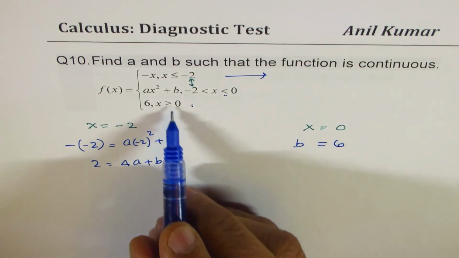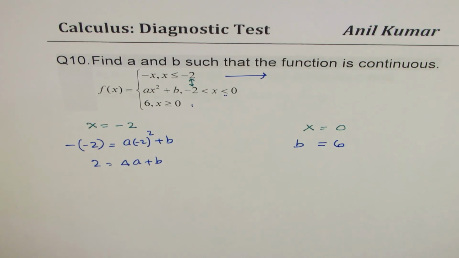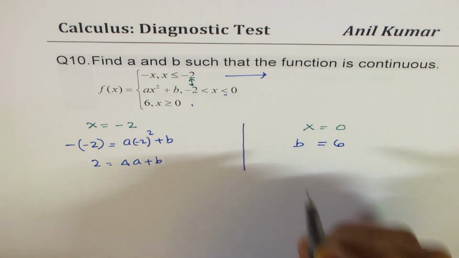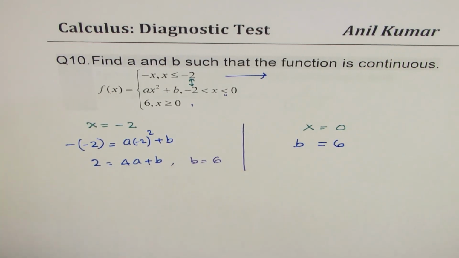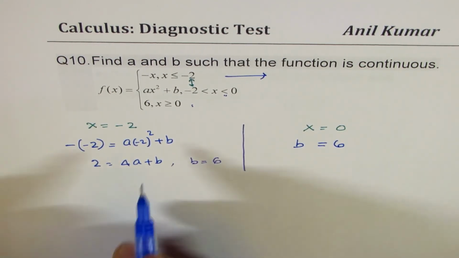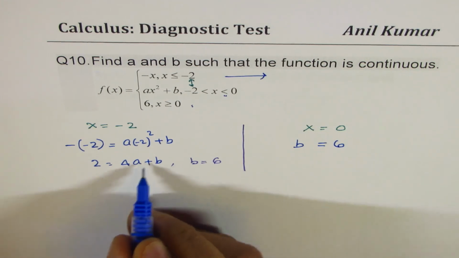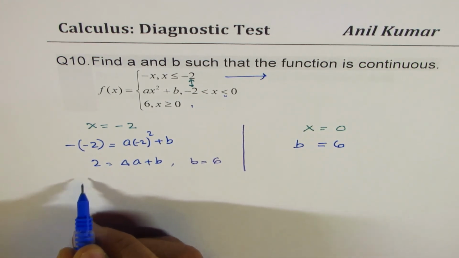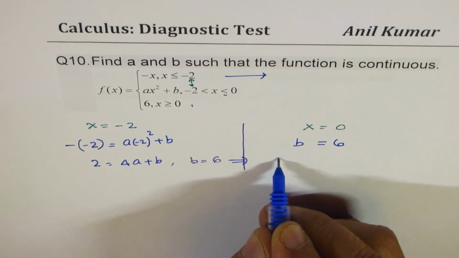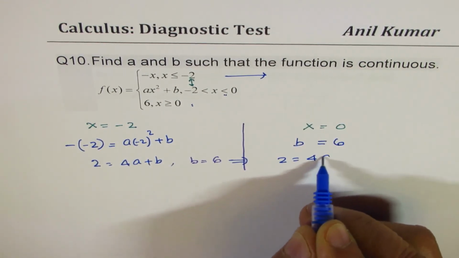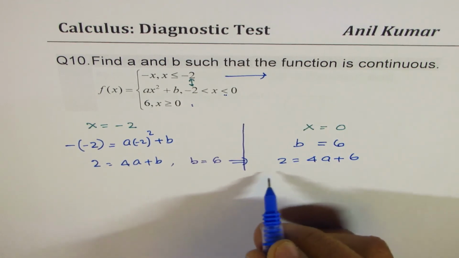So from the second condition, it is clear that b is 6. So if I substitute b equals 6 here, I can find the value of a, right? Substituting b equals 6 here, we get 2 equals 4a plus 6, and then we can arrange.